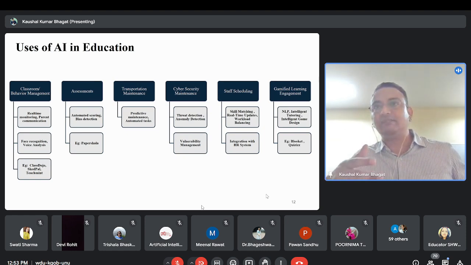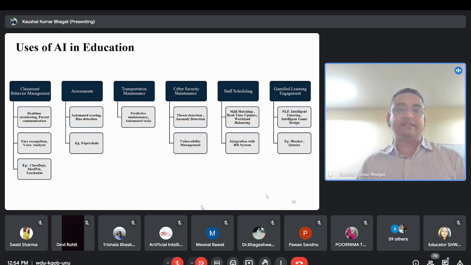Voice analysis, when the student is speaking in the classroom, from there itself we can see whether the student is confident enough or not. Those kinds of things could be there. There are different applications already existing, like ClassDojo, Sketchpal, or TeachMeet, where you can have classroom and behavior management.